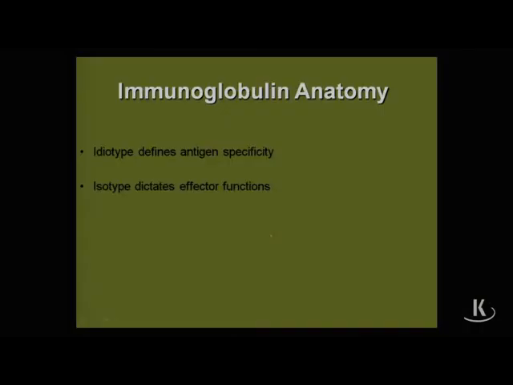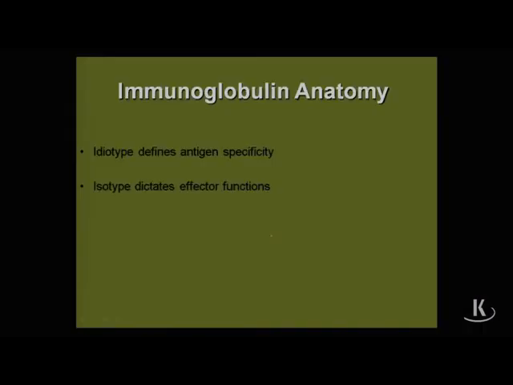These are just some definitions that you're probably already aware of. Whenever we're talking about an idiotype, and maybe you're asked where the idiotype is on the antibody molecule, that's going to be in the variable region or the hypervariable region, because that's where the antigen comes in contact with the antibody.